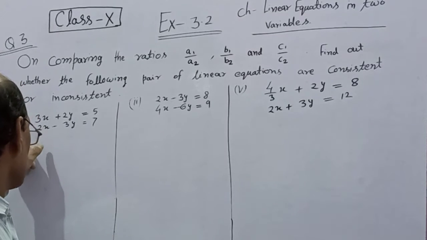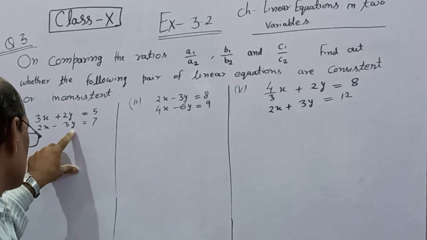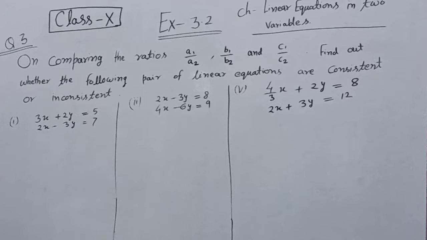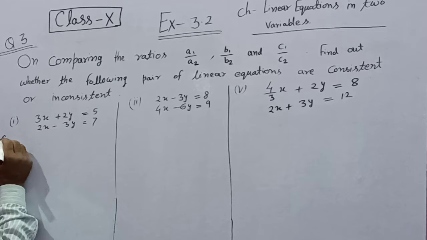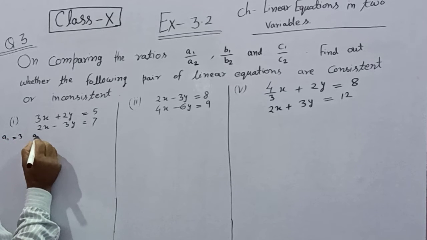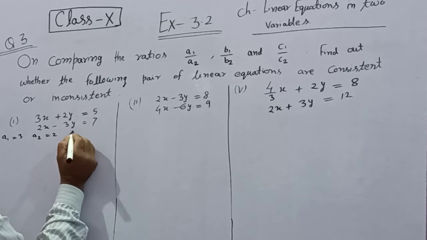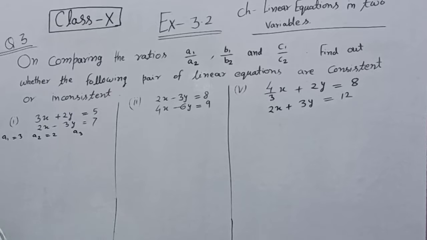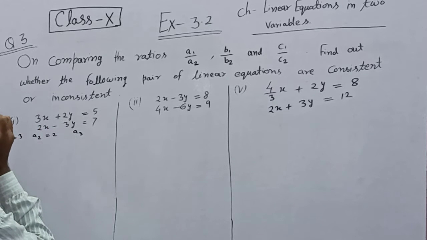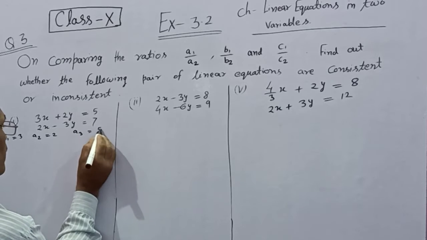Here is question number 1. 3x plus 2y is equal to 5, 2x minus 3y is equal to 7. In this question, a1 is equal to 3, a2 is equal to 2, and c1 is 5.